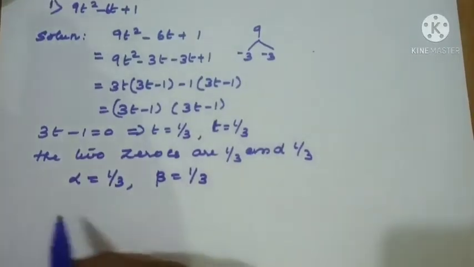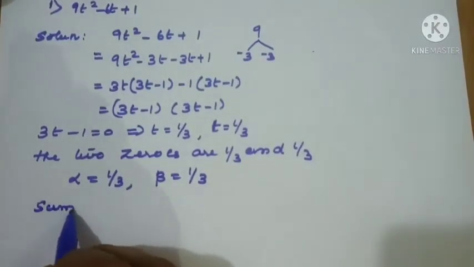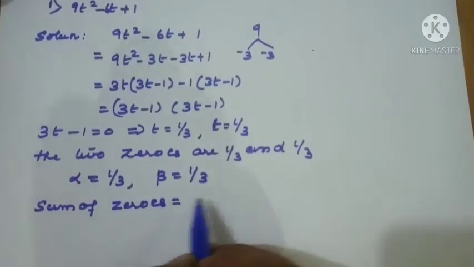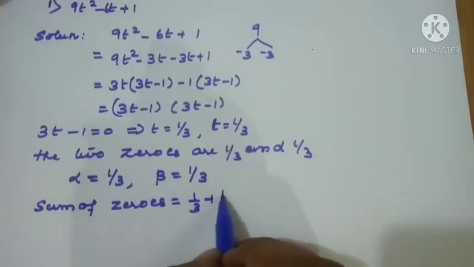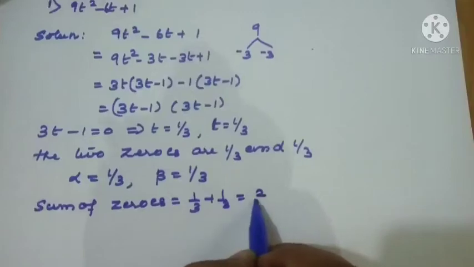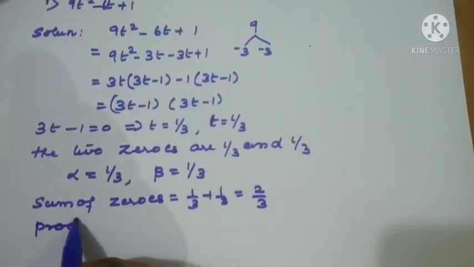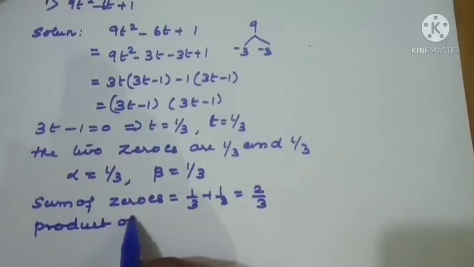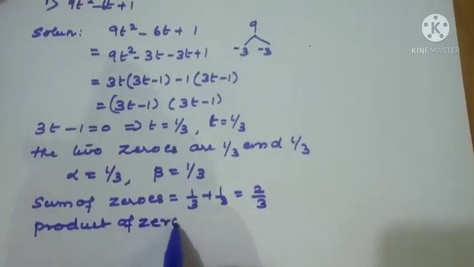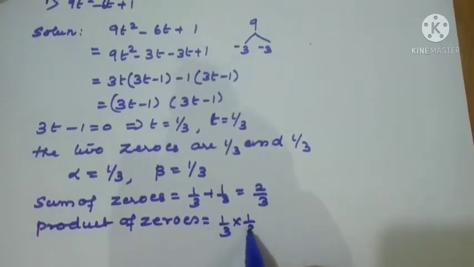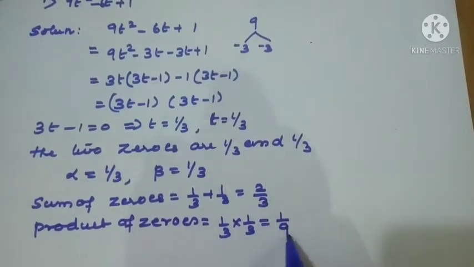Now what is the next step? Sum of the zeros equal to 1 by 3 plus 1 by 3, it is equal to 2 by 3. Next, product of the zeros: 1 by 3 into 1 by 3, it is equal to 1 by 9.